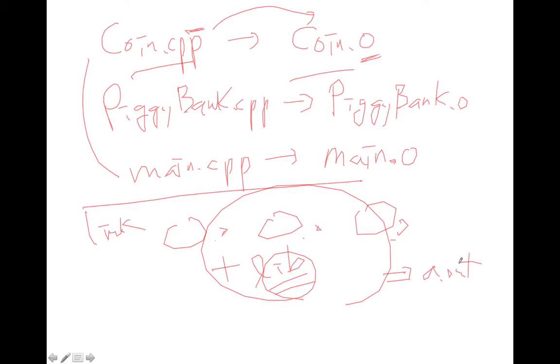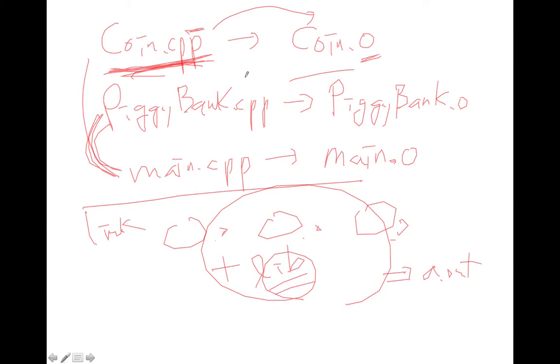Why we do it this way is, if you change coin.cpp only, some implementation I want to update, then chances are you don't have to retranslate the other files. But if a dependence is there, we need to update it. So we do this to save time in compilation.